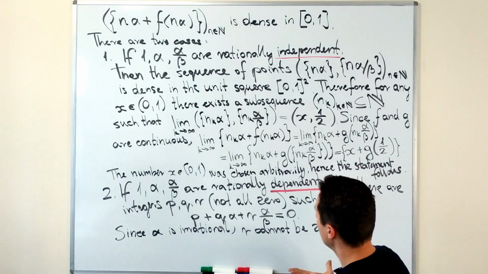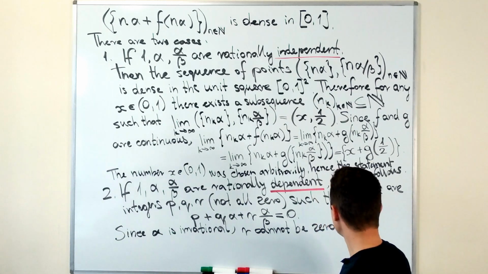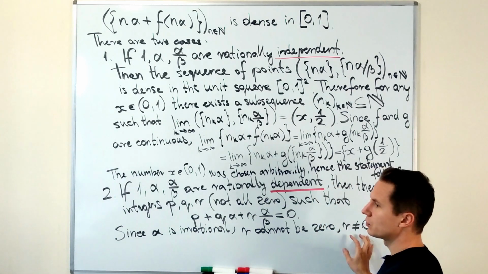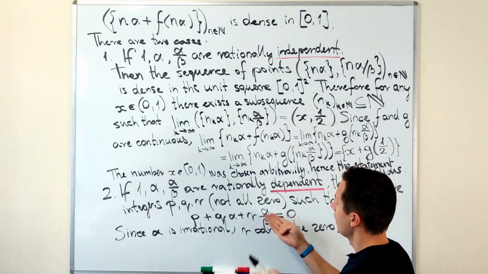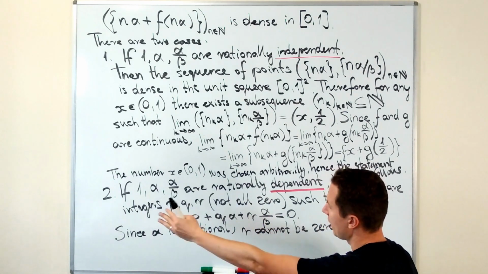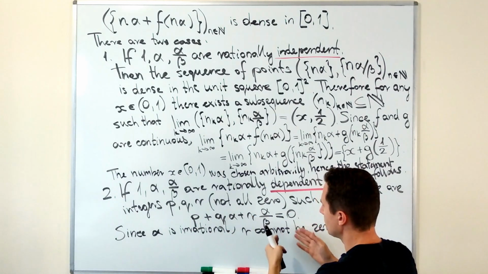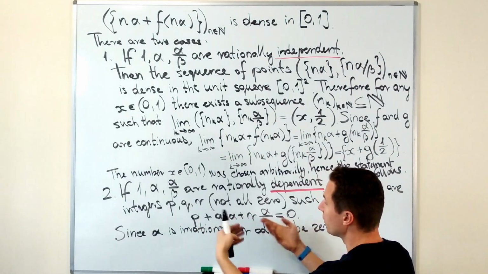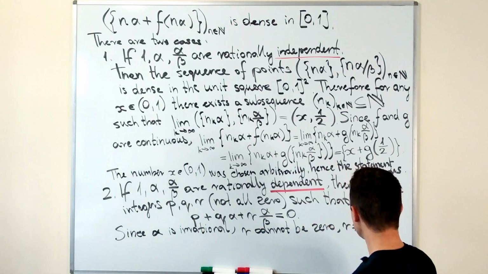And next, since r is non-zero, it's either positive or negative, it's an integer. If it were negative, we could multiply the whole equation by -1, so flip the signs of all of these coefficients.